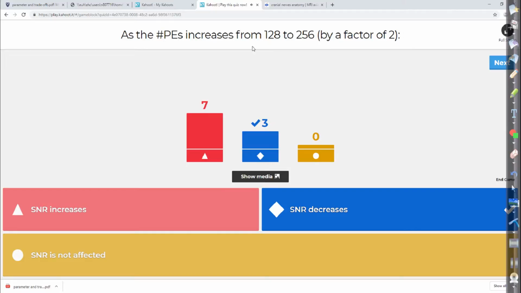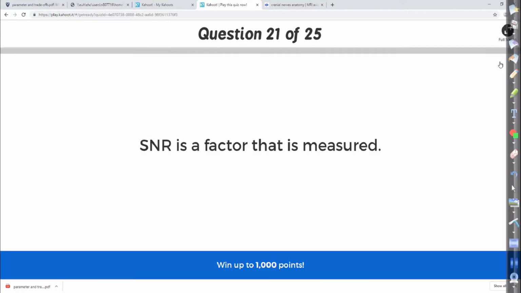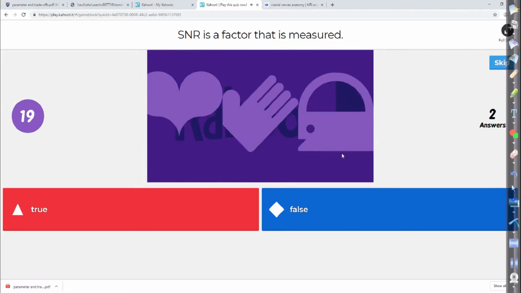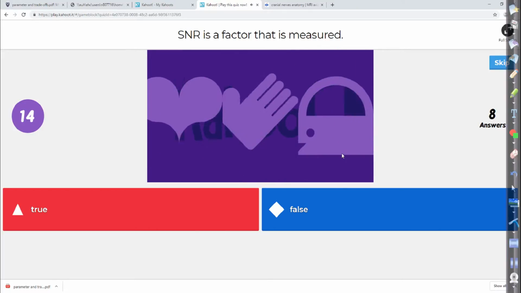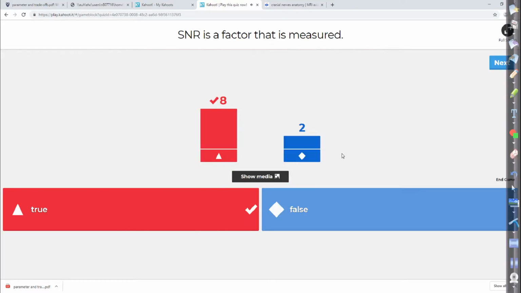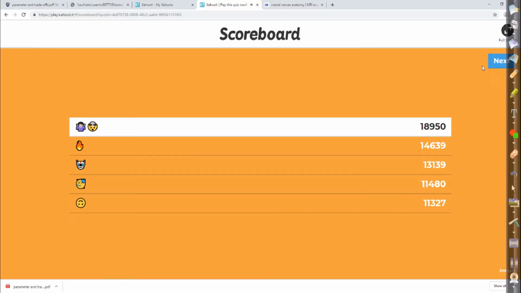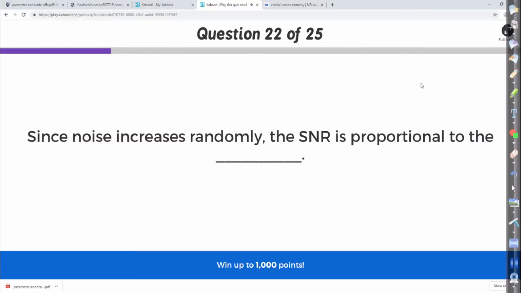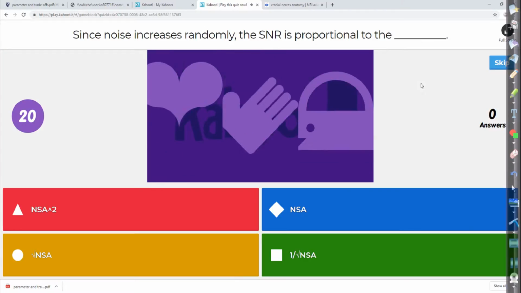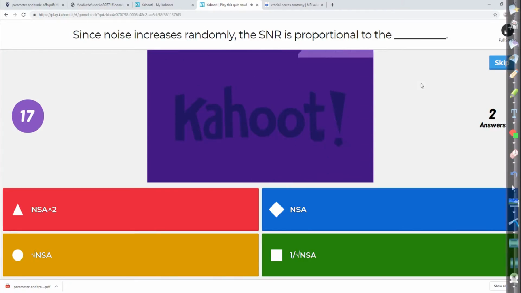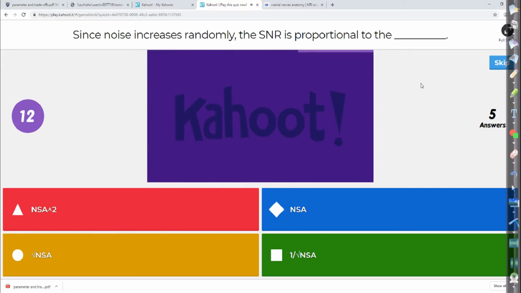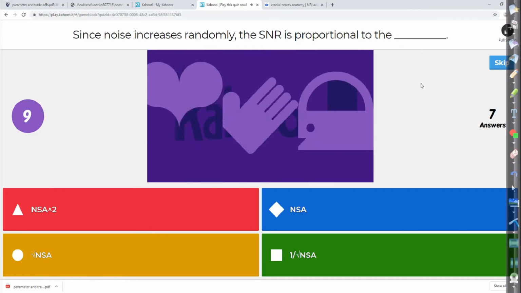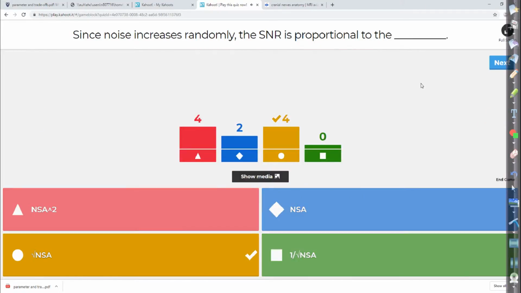Phase encoding directions increasing. Square root.